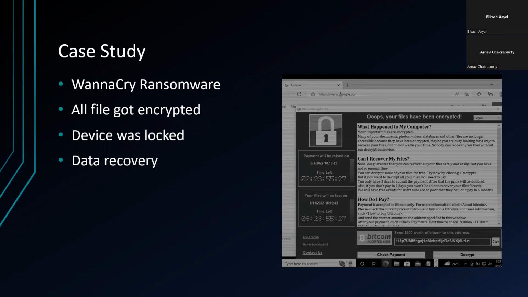Therefore, we had to use our off-site recovery, our backup USB, in order to recover the data that was lost. After we had recovered the data, we found out that we must have had an off-site recovery because WannaCry always deletes local recoveries.